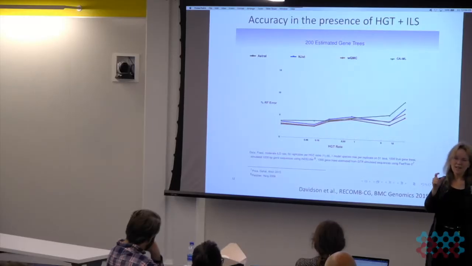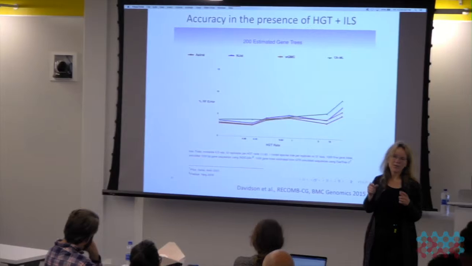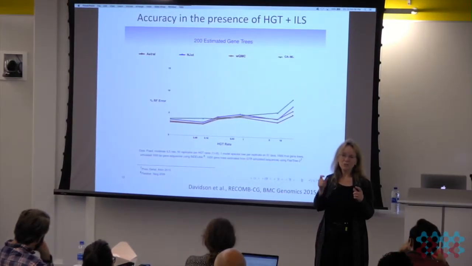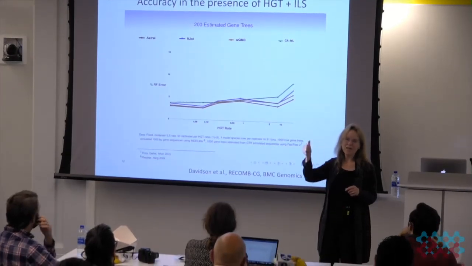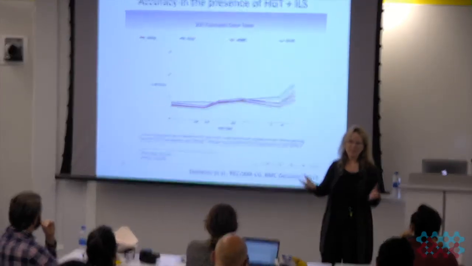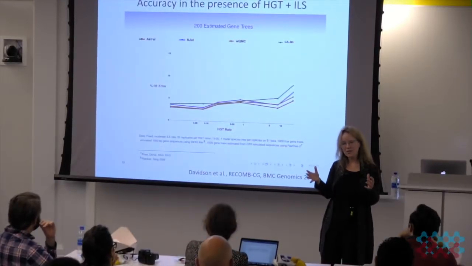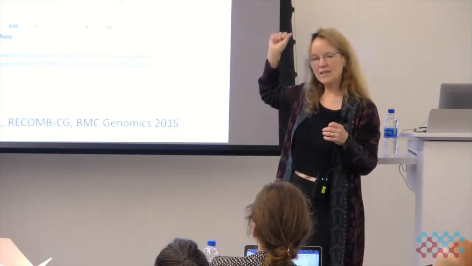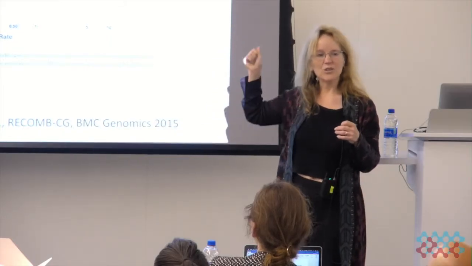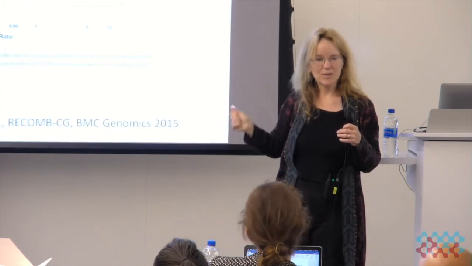Astral is a non-parametric method based upon quartet trees. It turns out you can prove that the optimization problem Astral is solving is still statistically consistent under a model of random HGT. What we're estimating here is the correctness of the underlying species tree, not the location of the HGT. So this shows that a non-parametric method can do a good job at getting the underlying species tree.